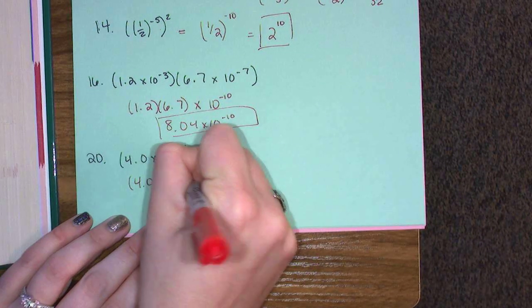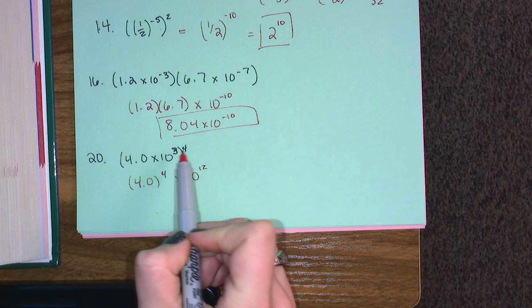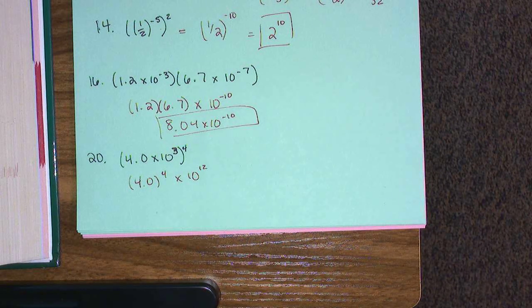Yeah, so when it's outside like this, we want to make sure we put it on the whole thing. We need it on both pieces. And 4 to the fourth, 16 times 16. If you know what that is, you can do it. If not, you can just leave it like that. Cool.